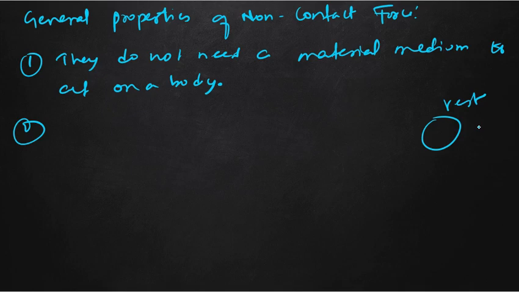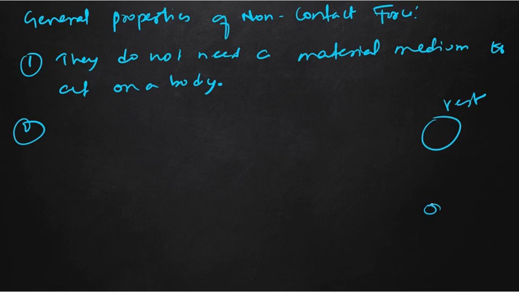How can we do this? You can see some examples, A, B, C. Suppose one golf ball is there. A player, by hitting this ball, can make the ball move. He is transferring his force through his hand to a suitable stick, the golf stick.